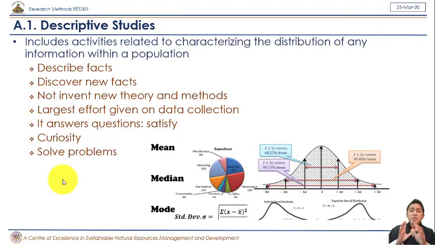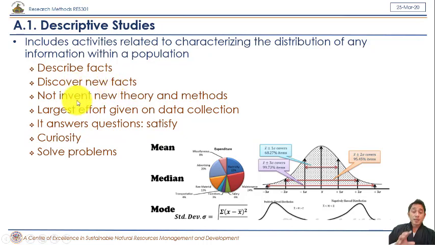And the good thing about a descriptive study is that it includes basically any information that a person wants to know. So basically, it answers any question that's being asked. It describes facts, or discovers new facts.